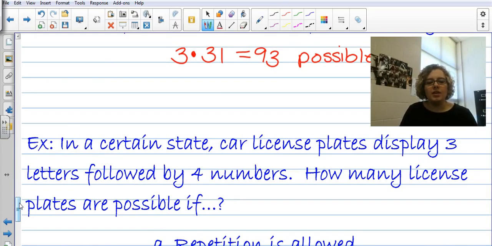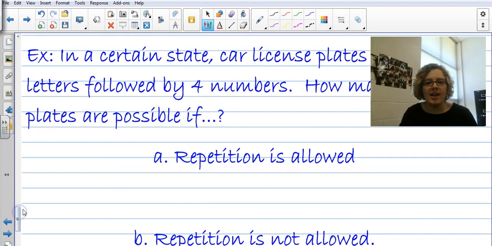All right, so in a certain state, car license plates display 3 letters followed by 4 numbers. How many license plates are possible if, first, repetition is allowed? So you have 3 letters, 1, 2, 3. And then you have 4 numbers, 1, 2, 3, 4.